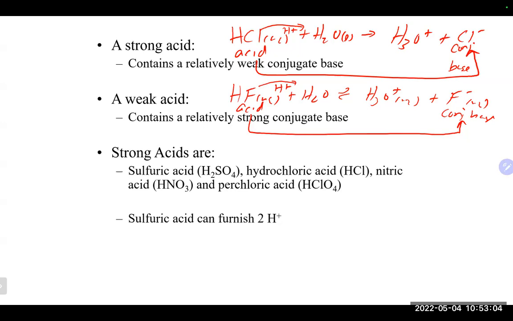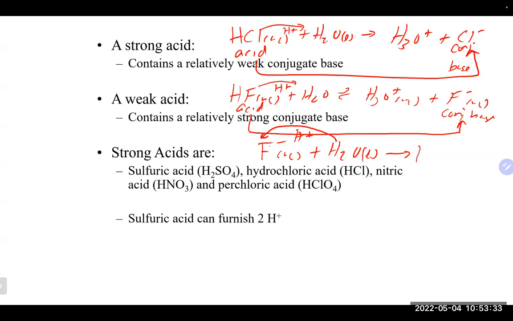But what it will do in solution, because there's a lot of water floating around in that solution, the F minus will decide to continue to react with water. And when it reacts with water, it actually will act as a base, like a conjugate base. So it will also accept an H plus.